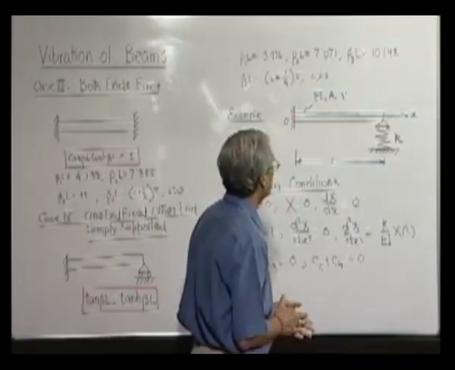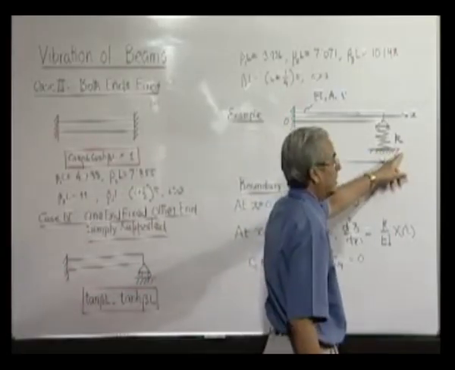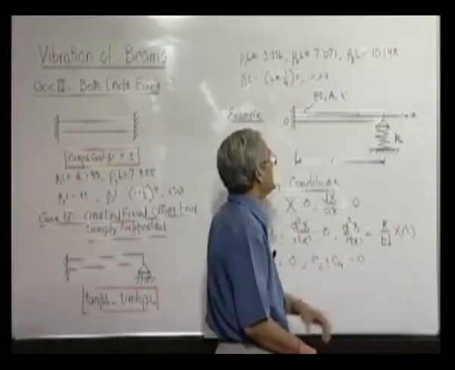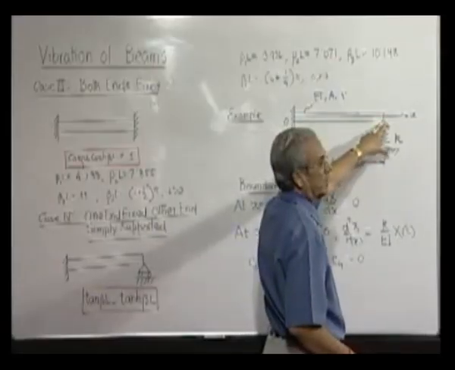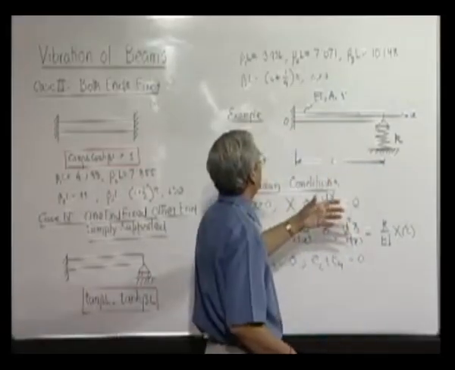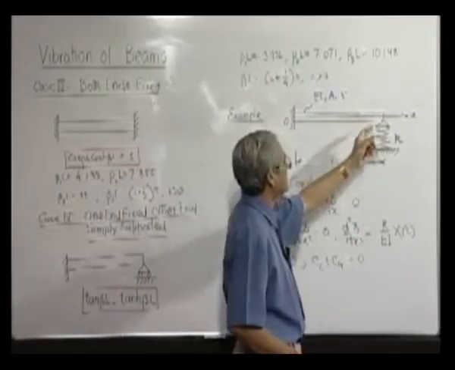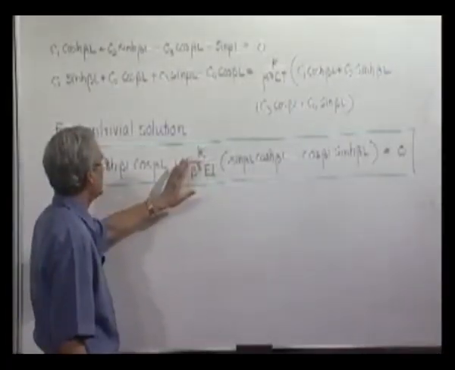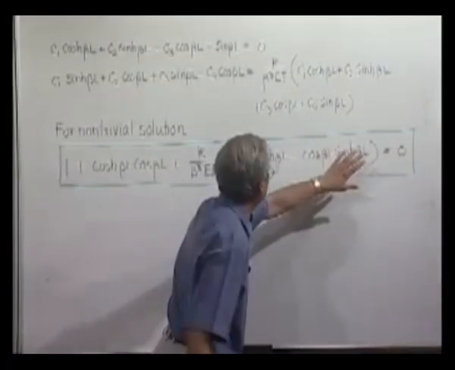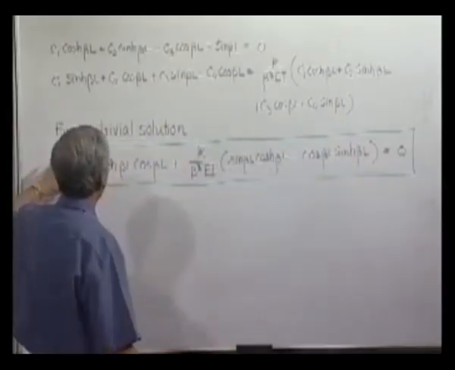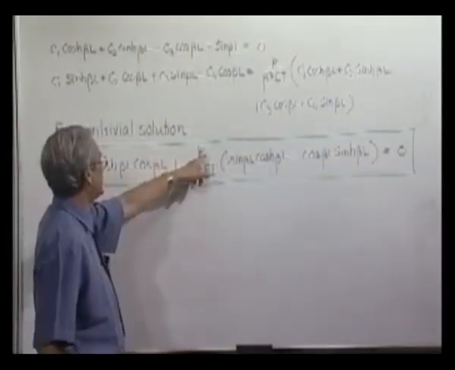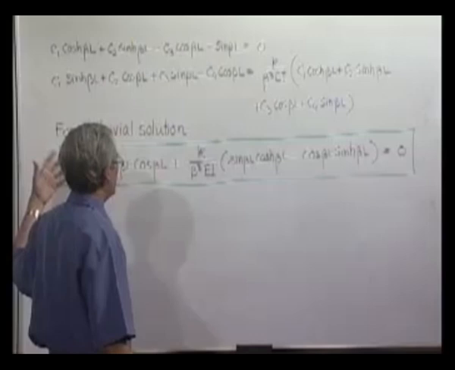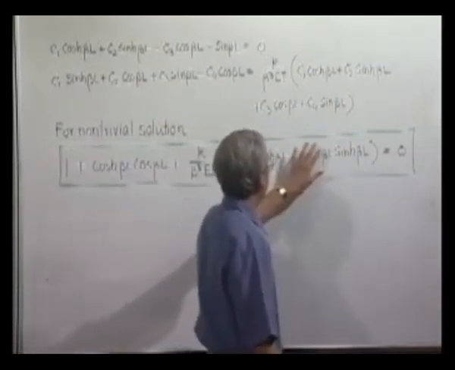On the other hand, if k is infinite, it means that this end is simply supported. So it should match the case where one end is fixed and the other end is simply supported. If k is extremely large, then obviously this part is the large part and the other can be ignored. So when k is infinitely large, this part goes out and so this part will have to be 0.